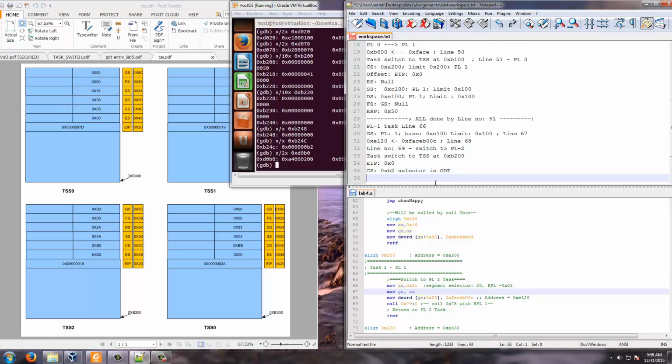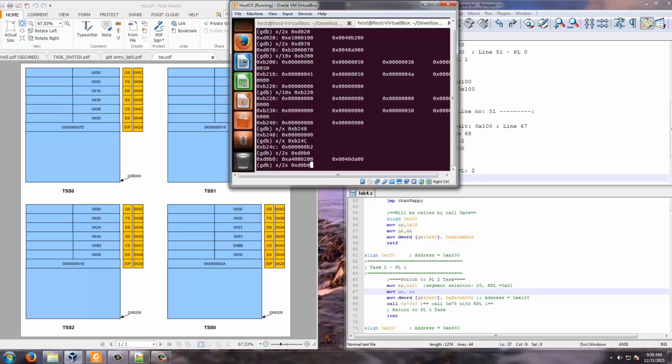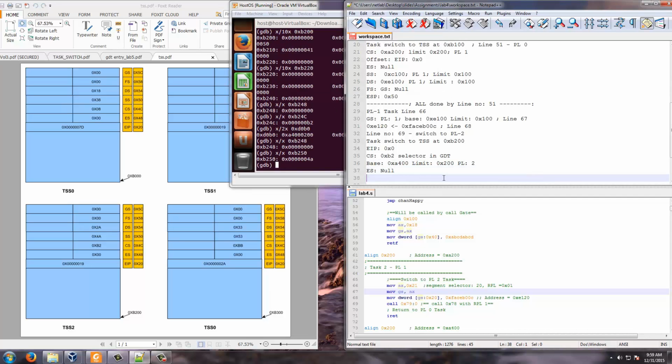So 0xB2 selector in GDT, which is base 0xA400 and limit 0x200, and privilege level is 2. And note that your ES segment is null because x B248 is 000.